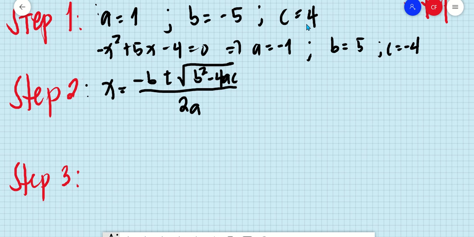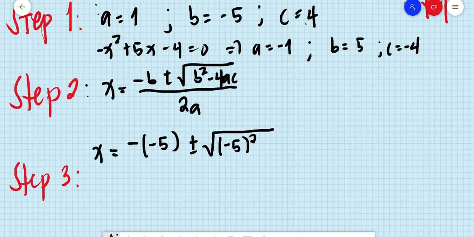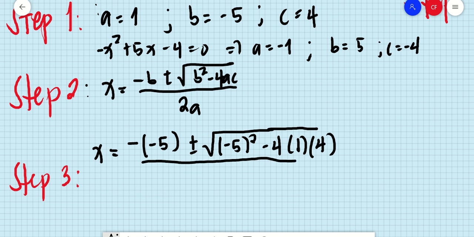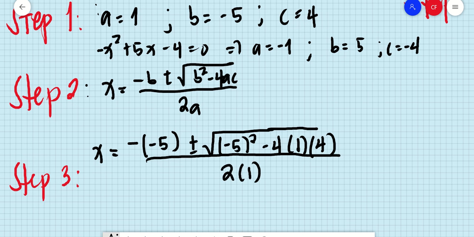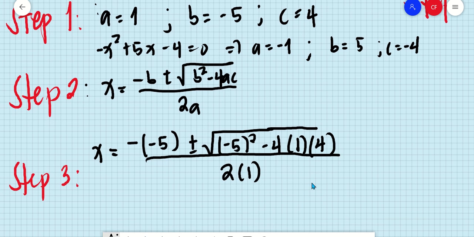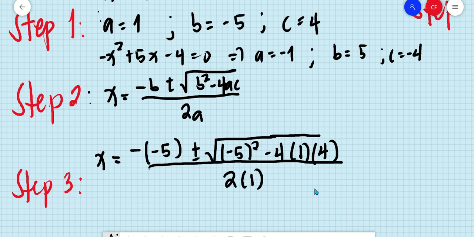So, plug in lang po natin. x equals negative times negative 5, positive negative square root of negative 5 raised to 2 minus 4 times 1 times 4, all over 2 times 1.